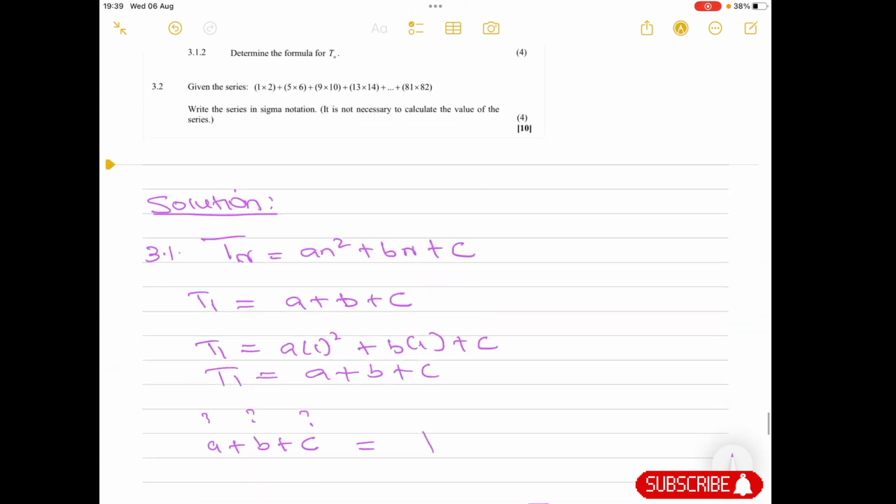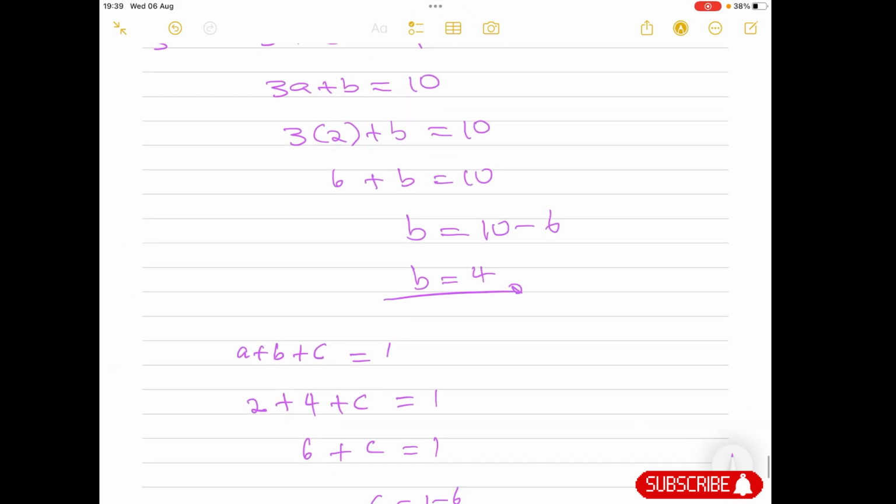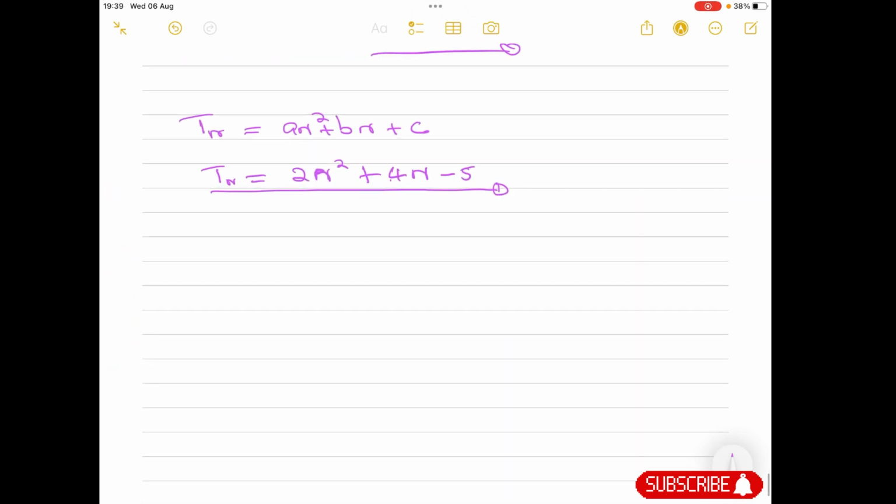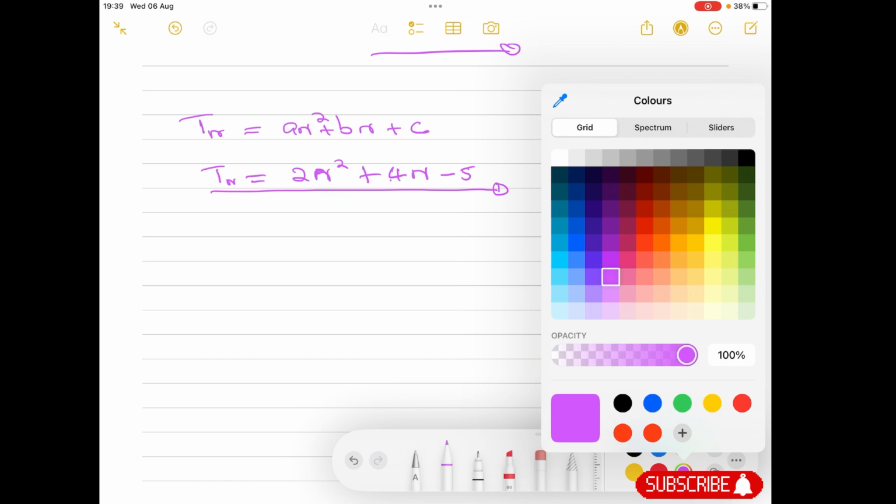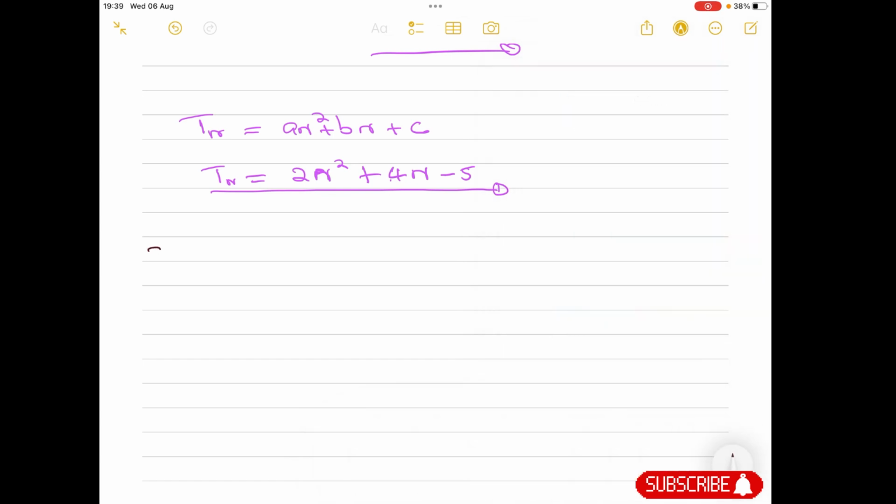Okay, so 3.2 is 3.2. Look at this again now. Let me even use another color so that you will see that we are now doing serious things. Okay, let us use this one. 3.2. This is the series that you are working with.